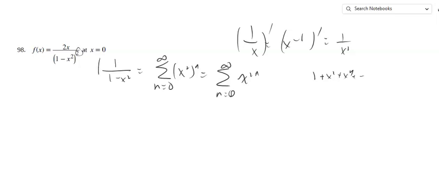Okay, now if I take a derivative of this, I'm going to erase this, 1 minus x squared to the negative 1. Bring the power down, subtract 1 from the power. That is positive 2x over 1 minus x squared, squared.